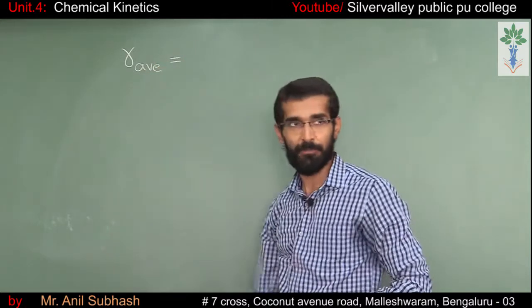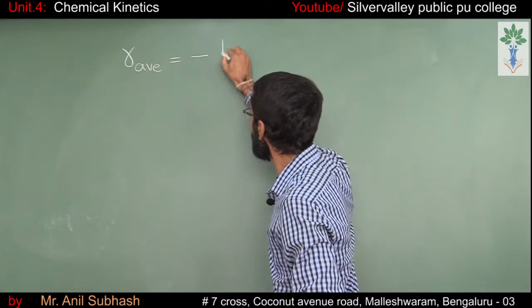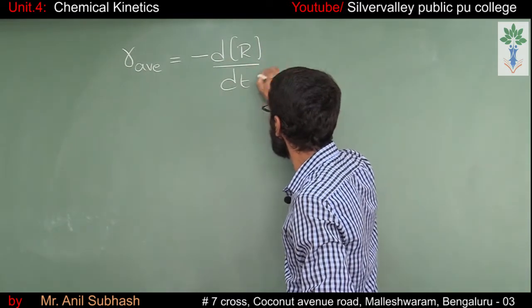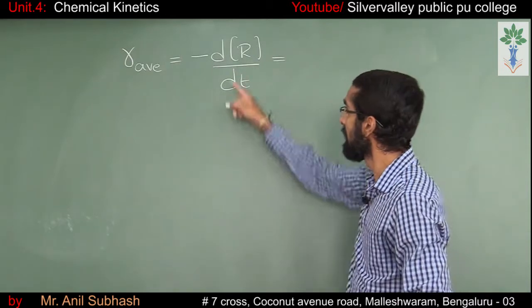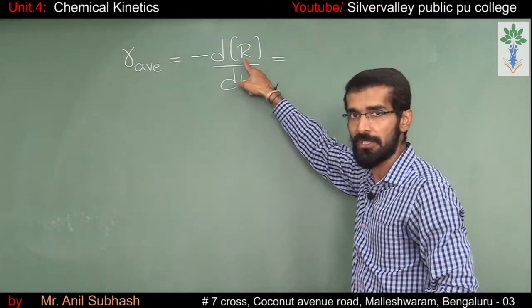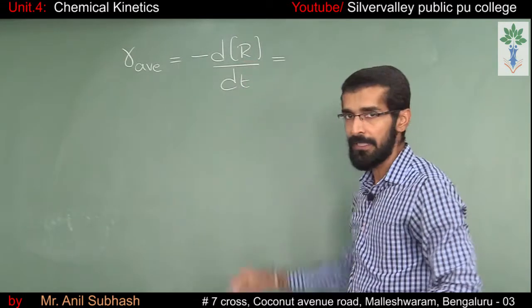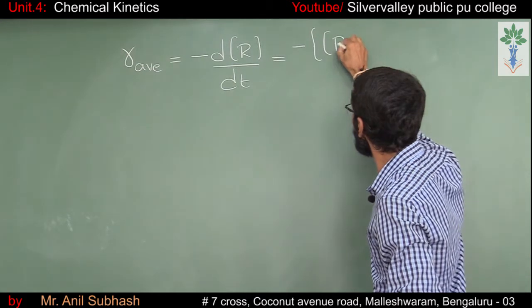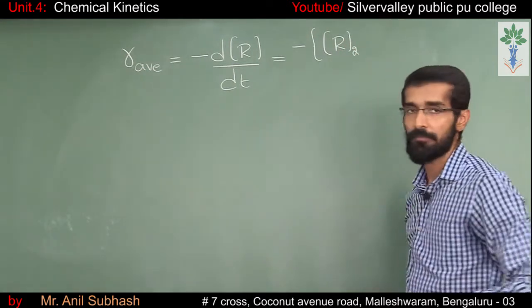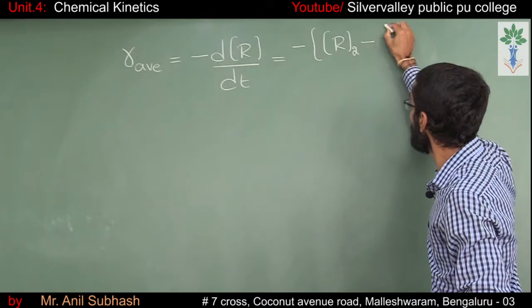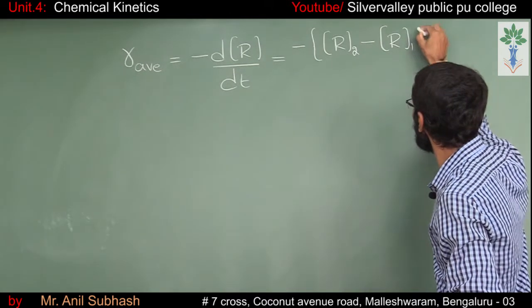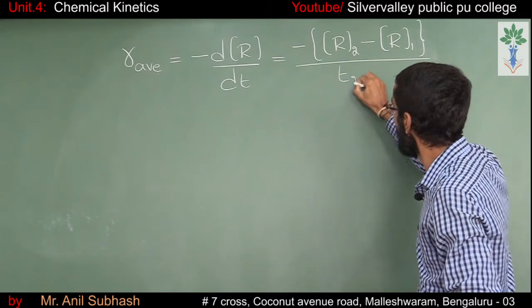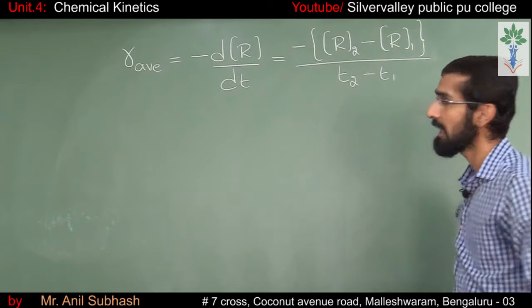Now, average rate is given by minus dR by dt, where dR represents the change in the concentration of the reactant. The change in the concentration of the reactant is the final concentration, that is R2, minus the initial concentration, that is R1, divided by T2 minus T1.